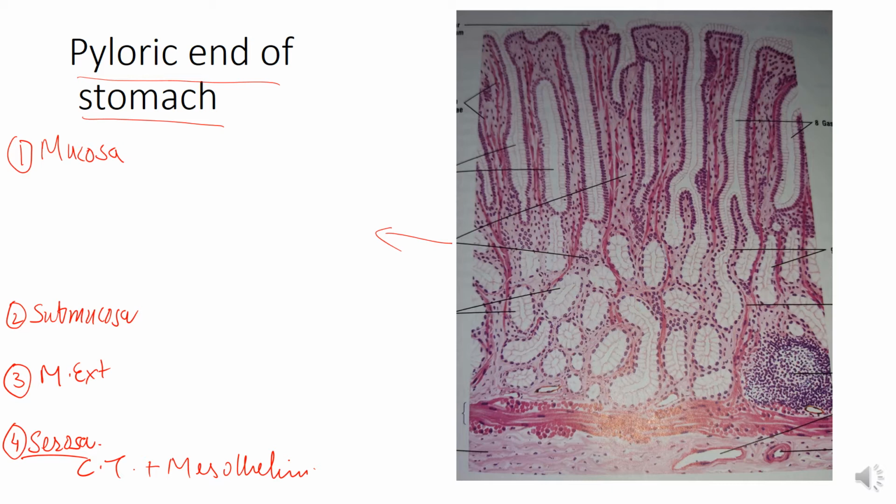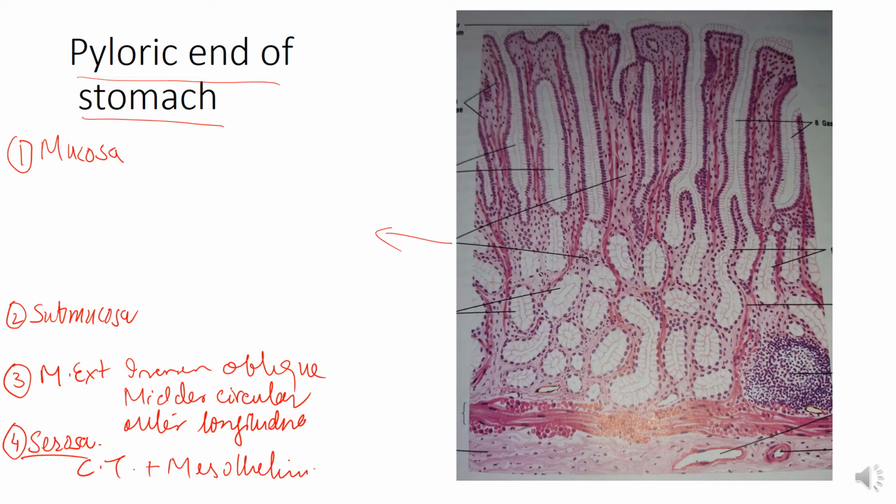Now muscularis externa has again inner oblique, middle circular, and outer longitudinal. It's the same arrangement as that of the body and fundus, but the difference is that the middle circular layer is thickened to form the pyloric sphincter.